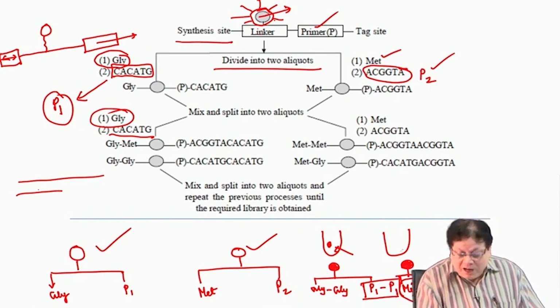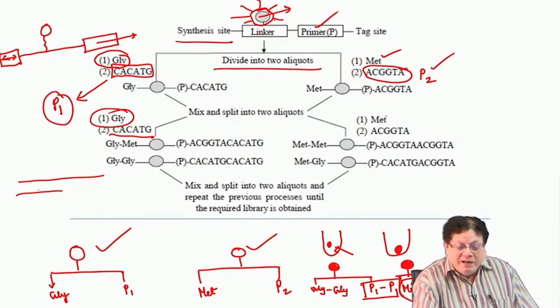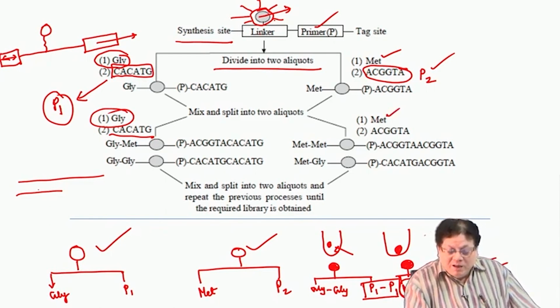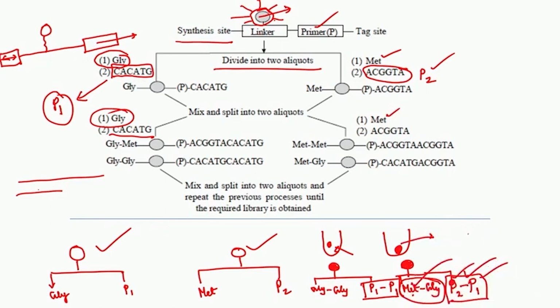In the other test tubes, you are adding methionine again. So, if it is glycine and then methionine, the tagging code will be P1 P2, and the other case is P2 P2. That means, when the bead is connected to glycine, I know that it is attached to P1 on the tagging site, and when I add methionine, P1 will be attached to P2, because with methionine I add the P2.